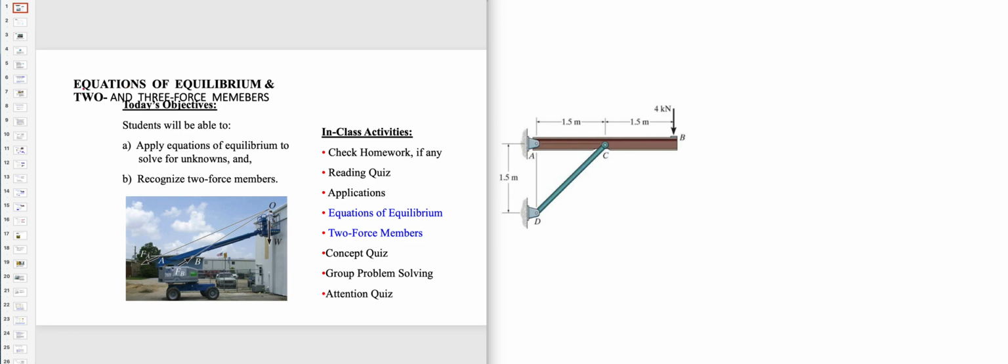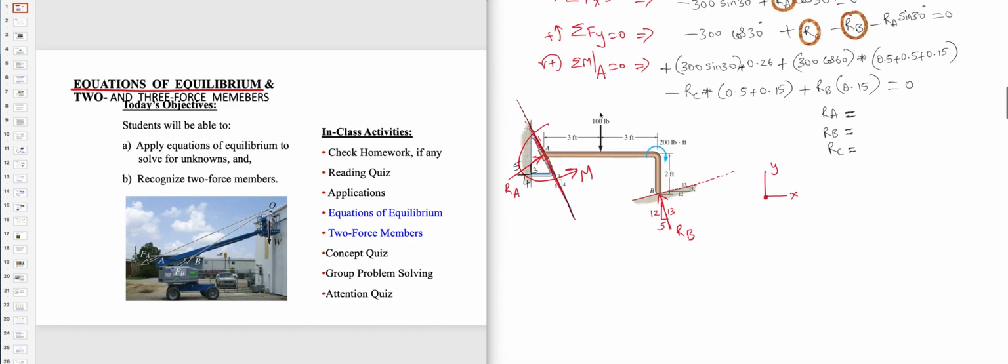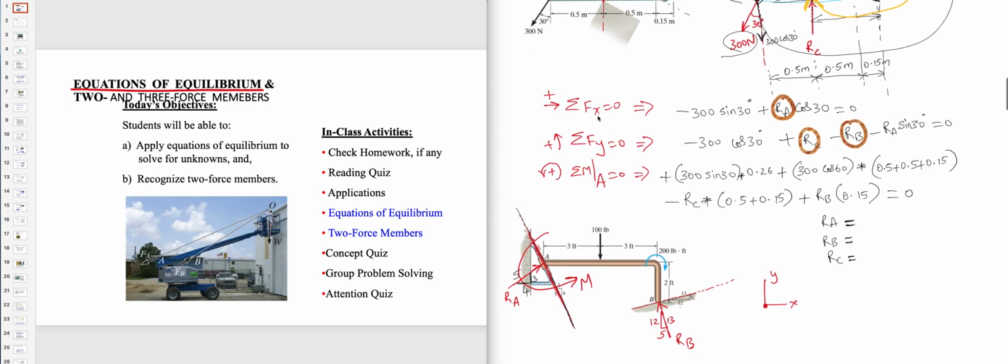So equation of equilibrium, what are the equations of equilibrium? They are the ones that I showed you here. These are equations of equilibrium. In 2D, equations of equilibrium means that if a system is in equilibrium, these equations are true.